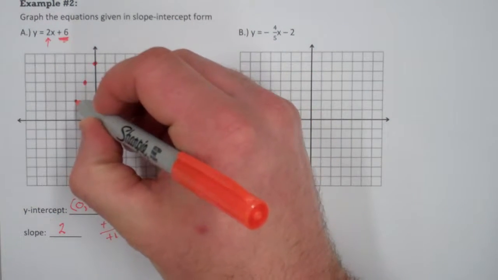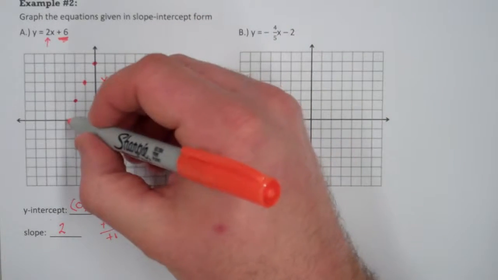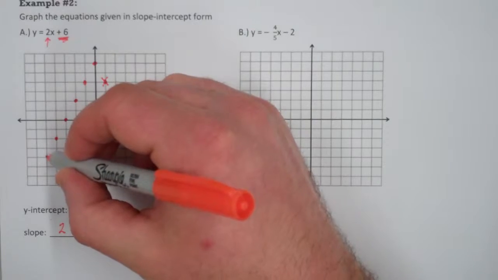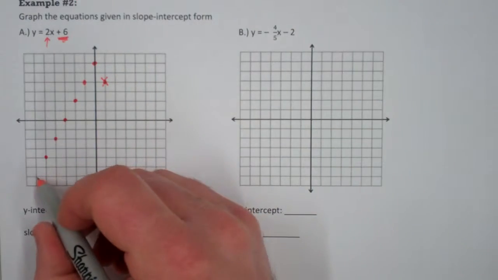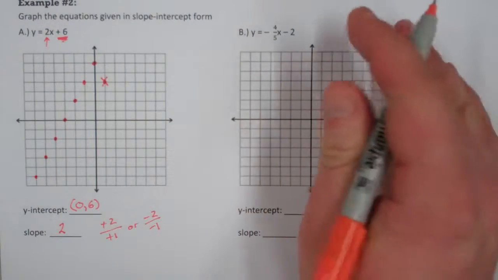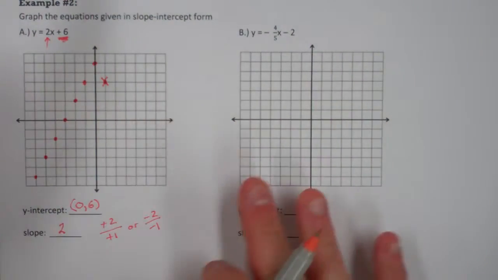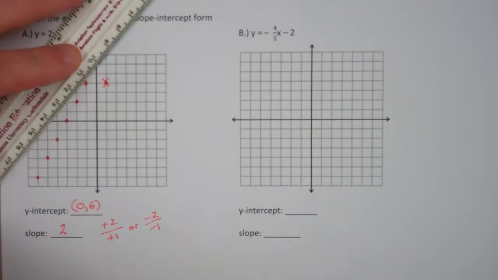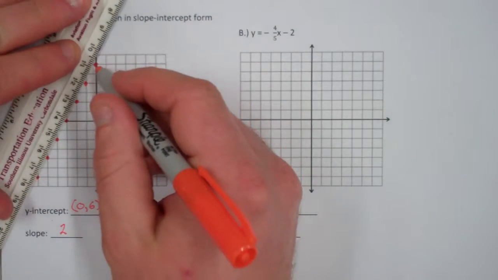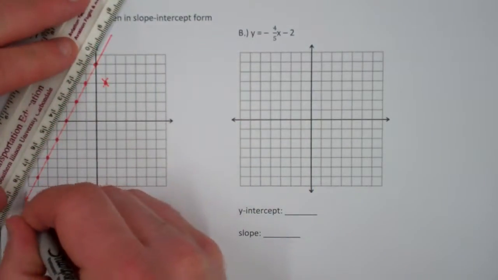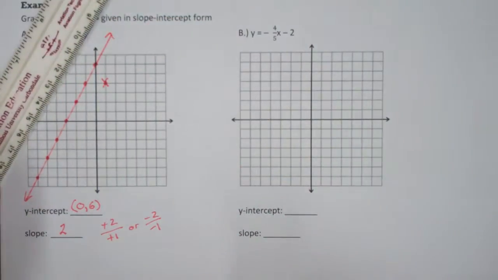So even experienced linear equation graphers such as myself can get into that bad habit, and I always check to make sure that my slope is going the right way, and you can alleviate some problems if you can do that. So look, we're just going to draw ourselves a nice line here, and we'll use our straight edge, try to draw this as precisely as we can.